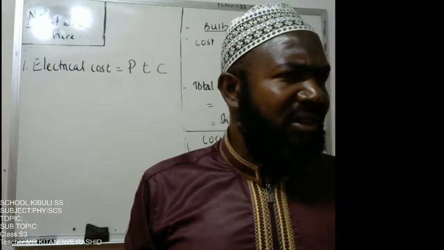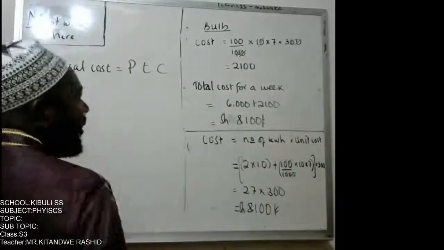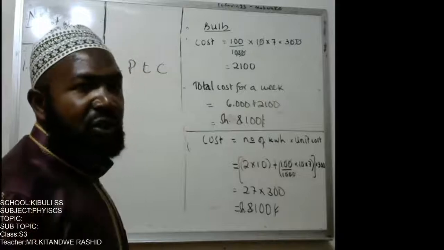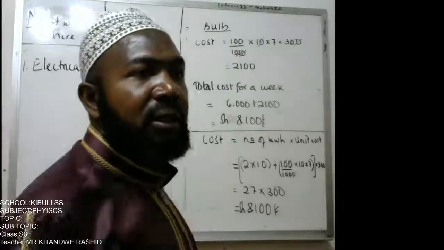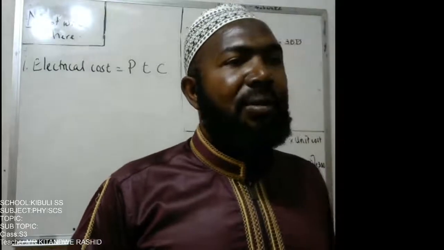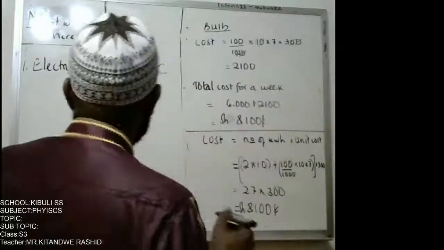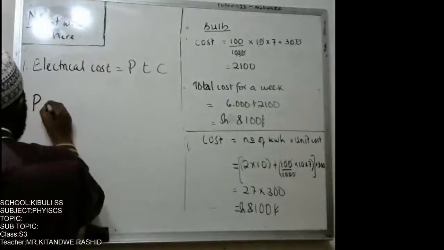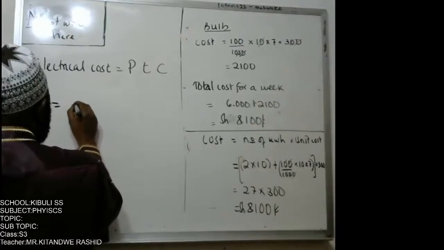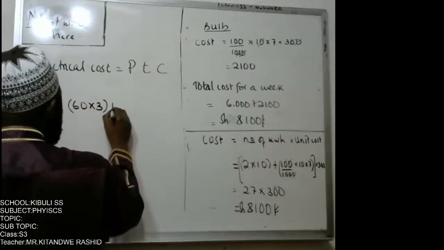Oh, this one is straightforward. Electrical power is PT. So total power is going to be what? 60 times 3, but remember there are 3 lamps and these are 2, plus 100 times 2.